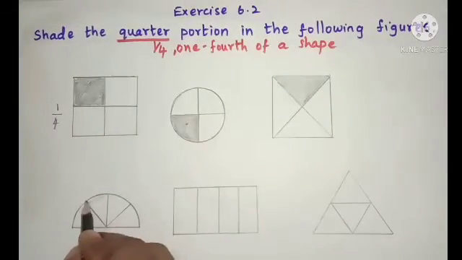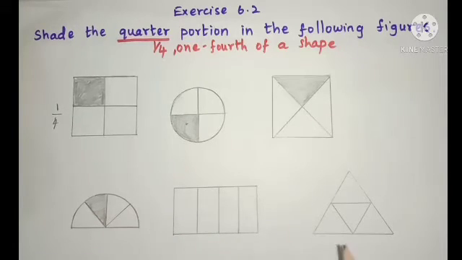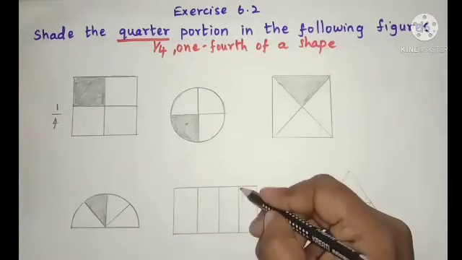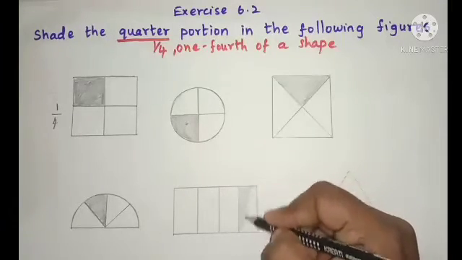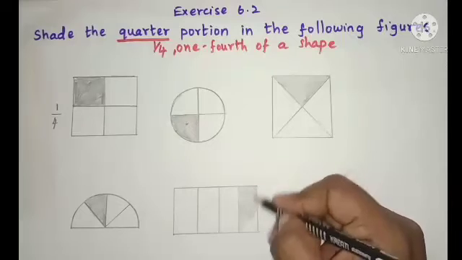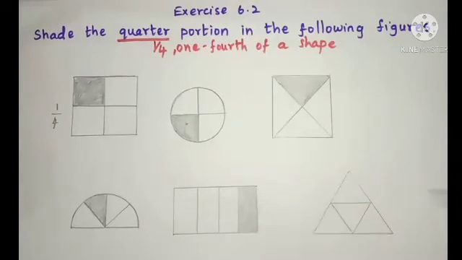And here let us shade one part of a semicircle. And here let us shade one part from the 4 equal parts of the rectangle.